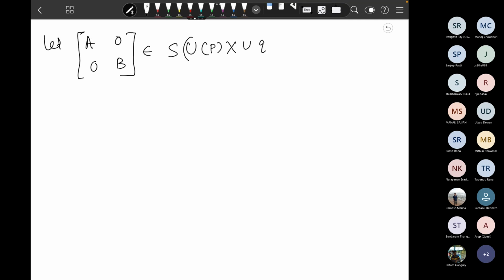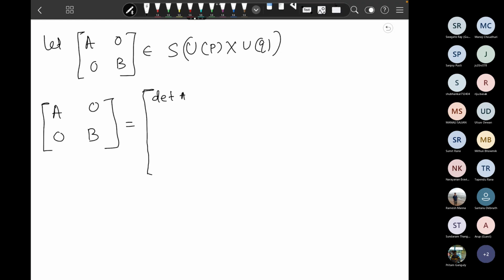Now I will write this matrix in two forms. First, I will write a diagonal matrix: first I put determinant of A, and the rest of the elements I put 1 up to the pth diagonal entry. Then I put determinant of B, and then 1, 1, 1. The rest of the entries are 0.